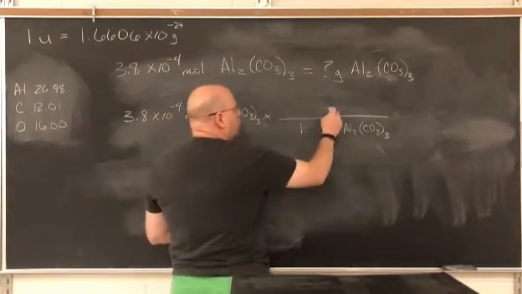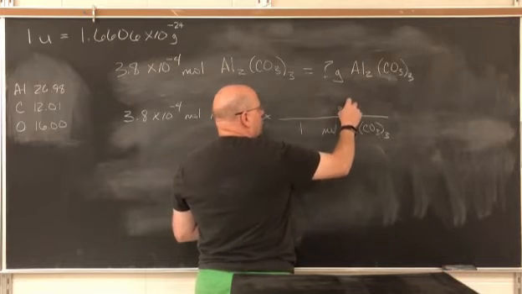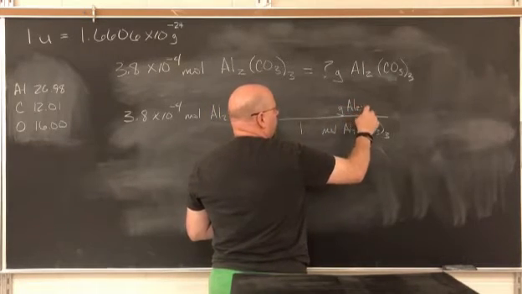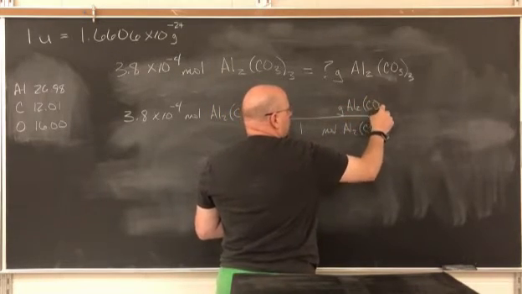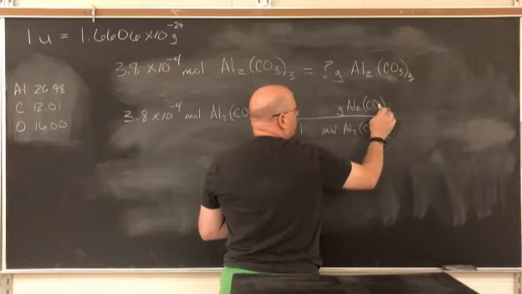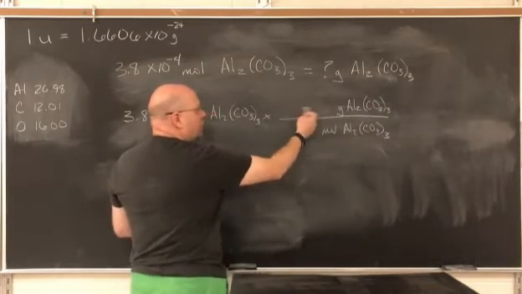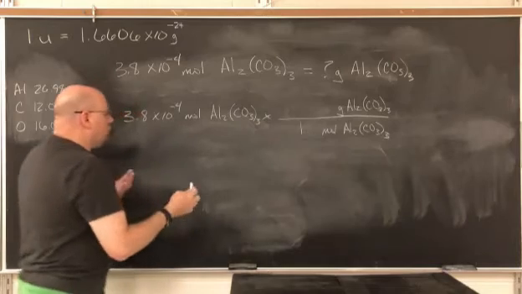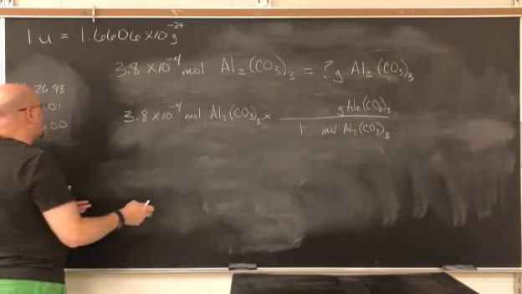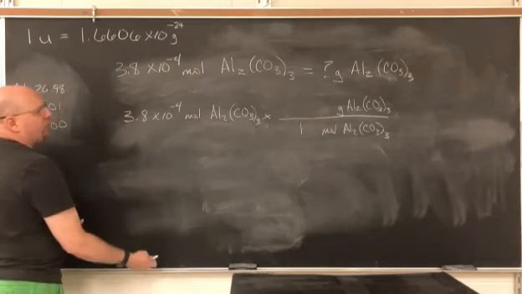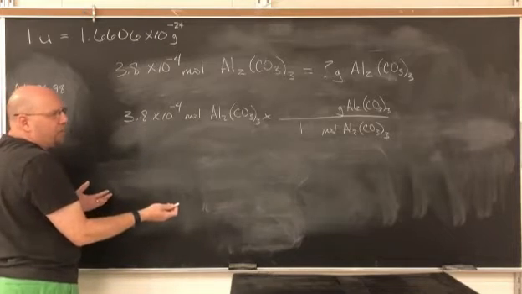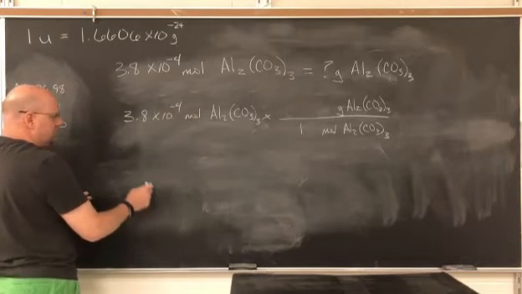So I'm going to have 1 mole, I'm going to have grams of aluminum carbonate on the top. We need to figure out what this is. So, as you saw in the previous example, we just simply add up all the masses and multiply them by however many atoms we have.